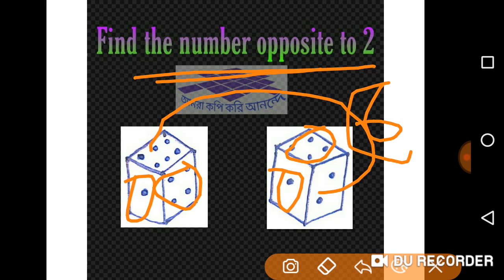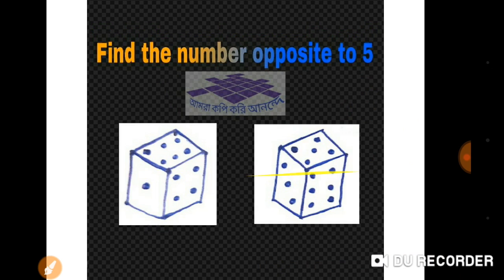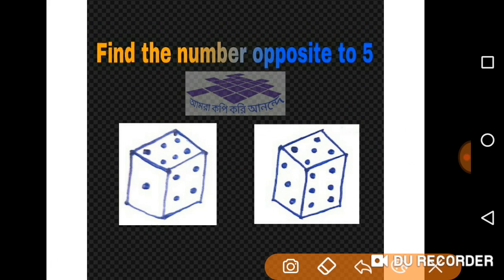Mainly these two types of problems are asked regarding dice problems. Now I am again repeating the two tricks. In case of one common side, what you have to do is go clockwise or anti-clockwise.